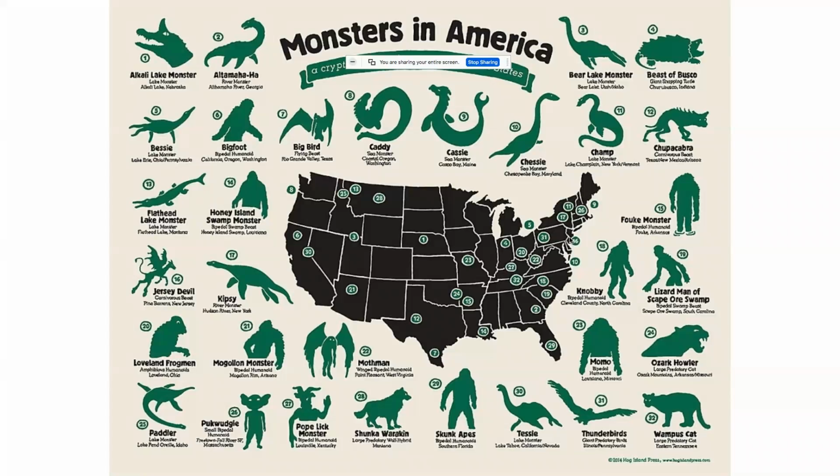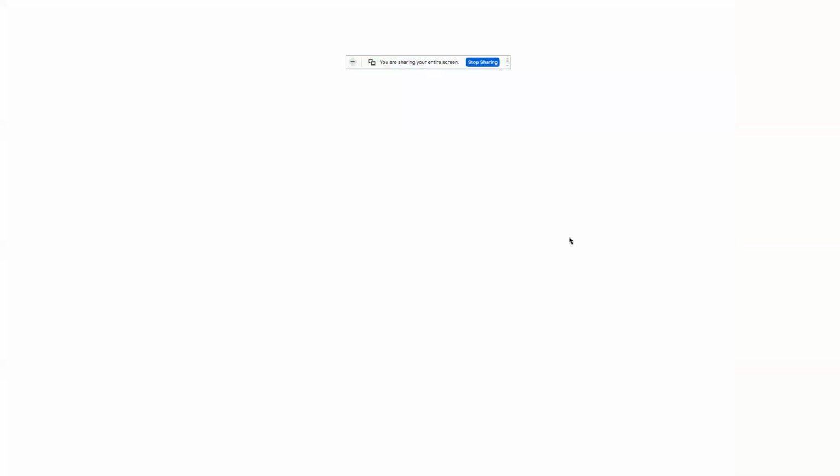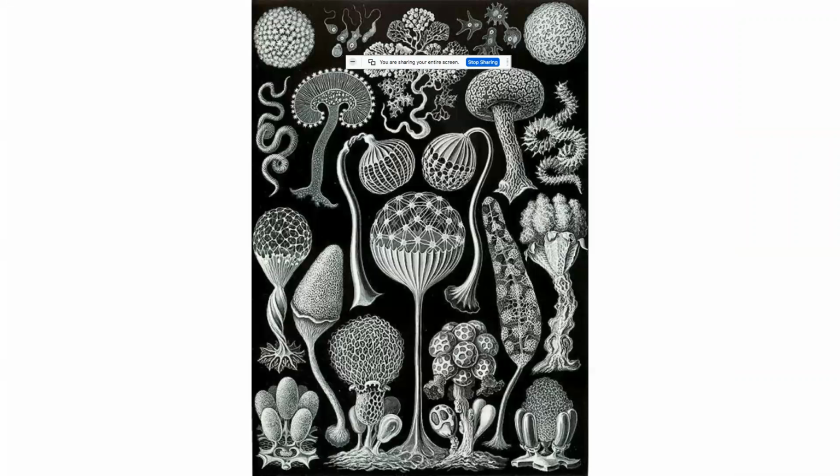Sort of a typology with a key. Here's another typology. These are prints of sea life, so different types of sea life. Again, this feels like a typology when you look at it, but it's also artfully arranged, almost landscape-like.